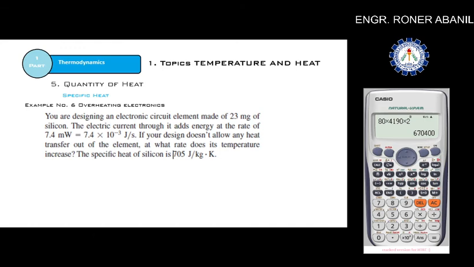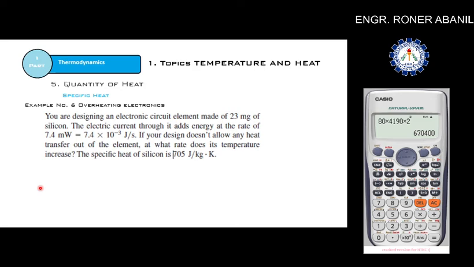So, example number 6. Let's go to overheating electronics. This is our favorite, electronics. You designed an electronic circuit element made of 23 milligram of silicon. The electric current through it adds energy at the rate of 7.4 milliwatts, or equal to 7.4 times 10 raised to negative 3 joules per second.